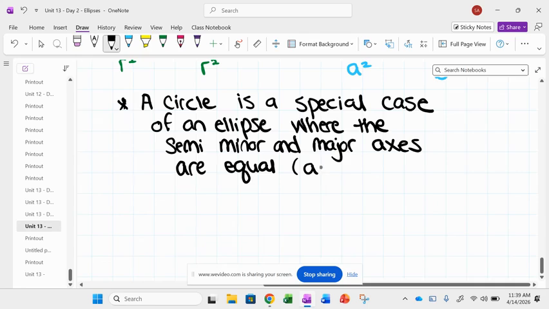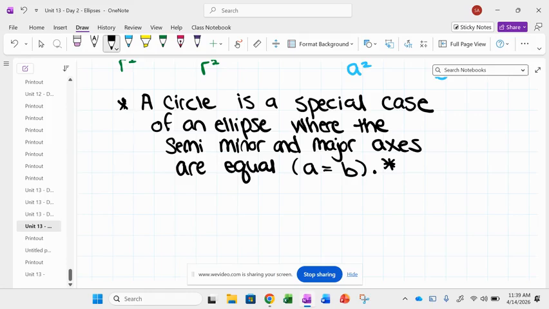Which basically means A is equal to B. Sorry, where the length of the semi-minor and major axes are equal.